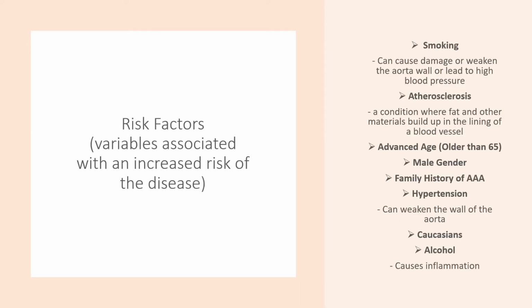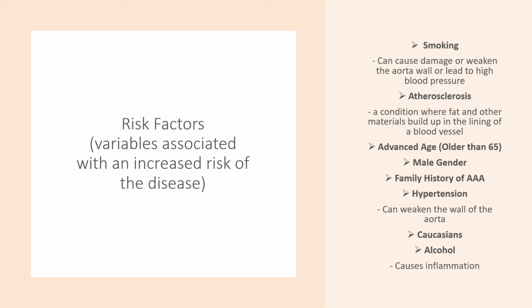Risk factors. Smoking can damage or weaken the aorta wall or lead to high blood pressure. Smoking is the strongest risk factor for aortic aneurysms. Smoking can weaken the walls of the aorta, increasing the risk of aortic aneurysm and aneurysm rupture. The longer and more you smoke or chew tobacco, the greater the chances of developing an aortic aneurysm.